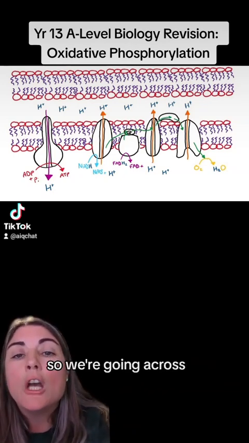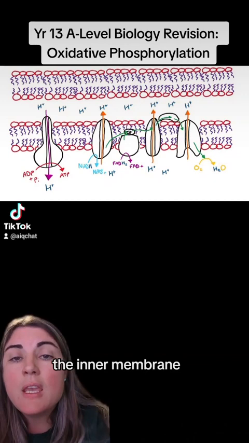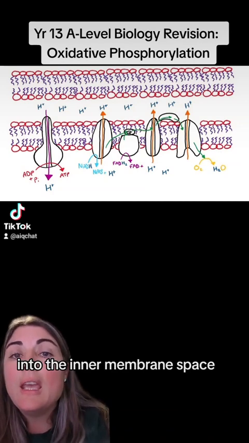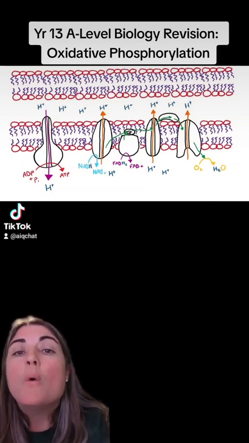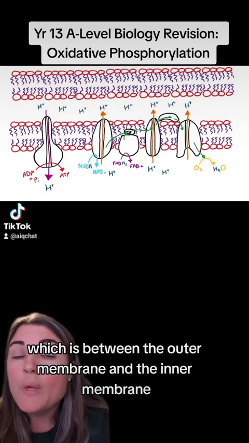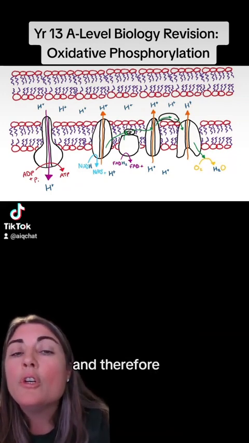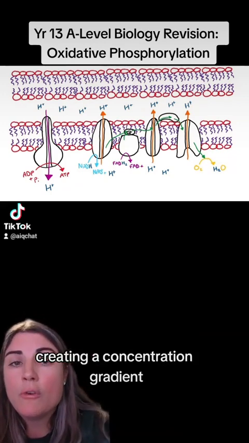So we're going across the inner membrane, from the mitochondrial matrix into the intermembrane space, which is between the outer membrane and the inner membrane, and therefore creating a concentration gradient.